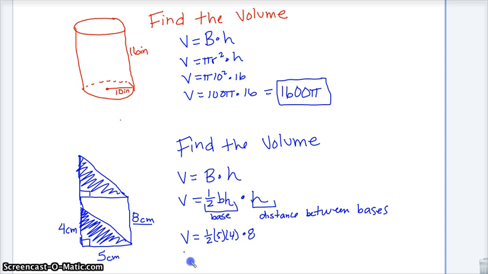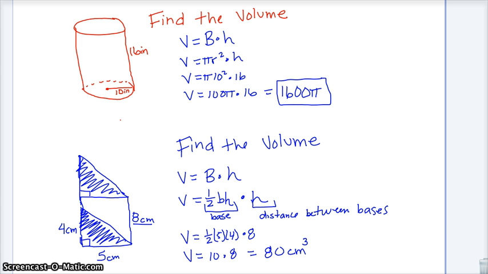All right, now I simplify. My volume is 10 times 8, which is equal to 80. And my units here are centimeters. And since I'm referring to volume, those units should be centimeters cubed.